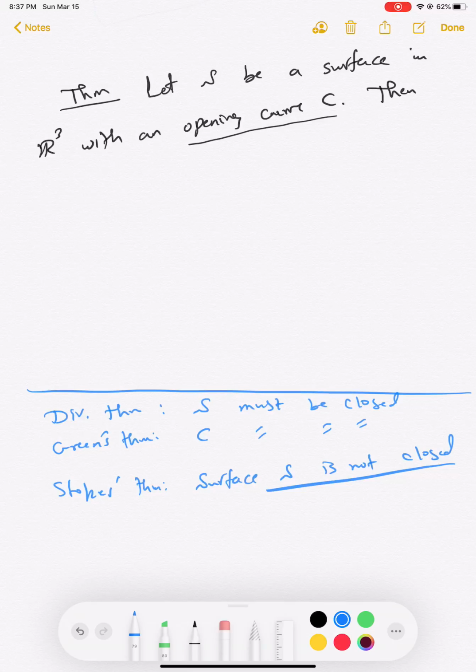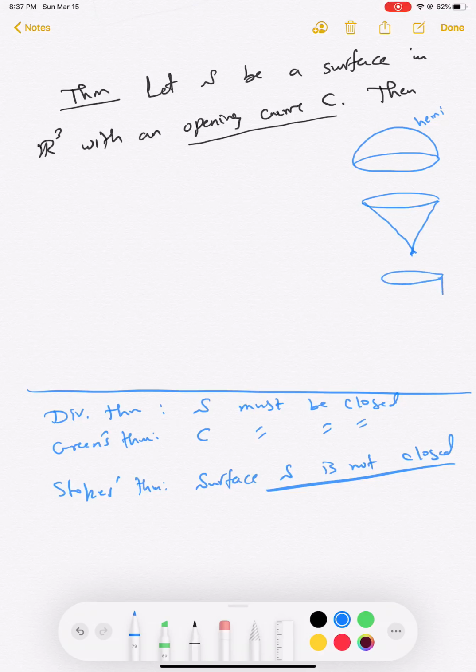So now what do you mean by not closed? Not closed, like if you're dealing with a full sphere, a full sphere, that's a closed surface. But if you take a hemisphere like this, only the hemisphere, half of the sphere, it is an open surface. For example, if you look at the cone, without its top, it is an open surface.